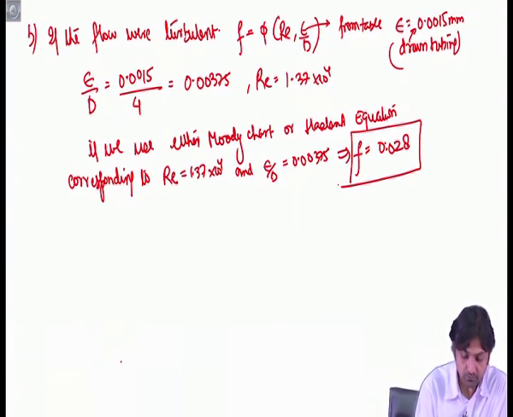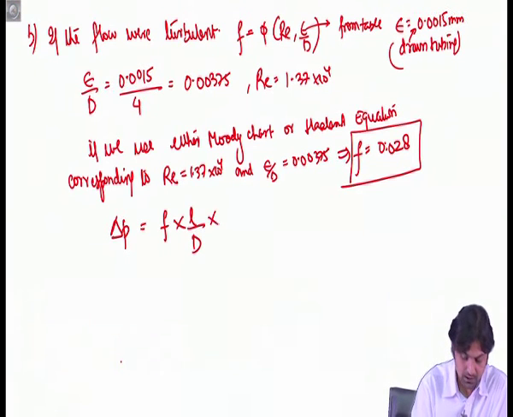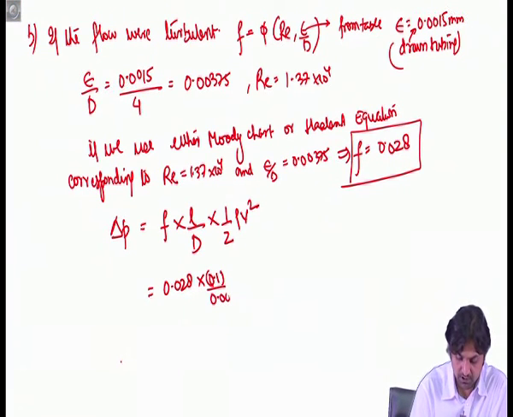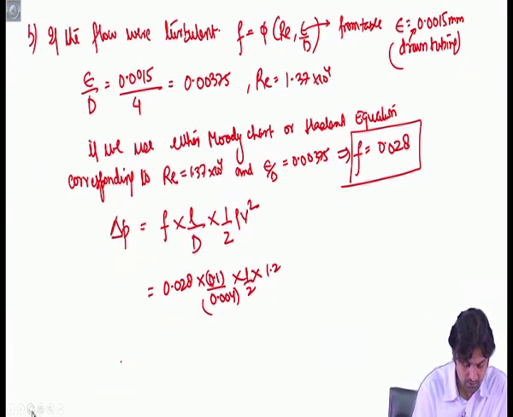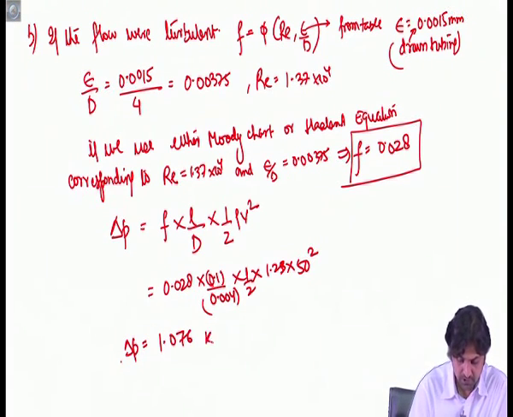All right. Therefore, the pressure drop will be F into L by D into half rho V square, and after putting 0.028, length still the same, diameter still the same, rho is 1.23, into 50 square, delta P is going to be 0.076 kilopascal.